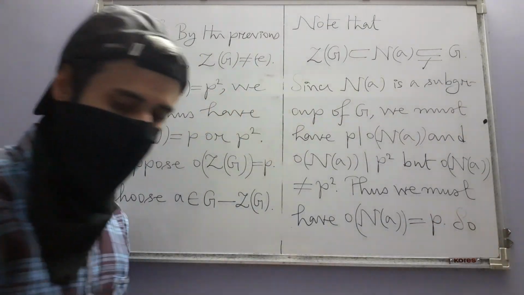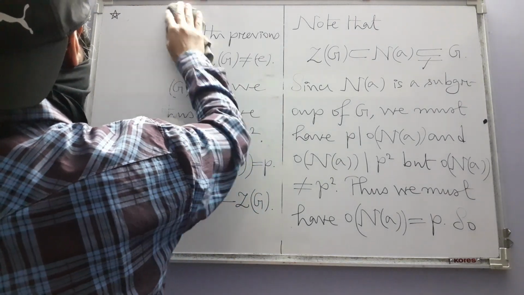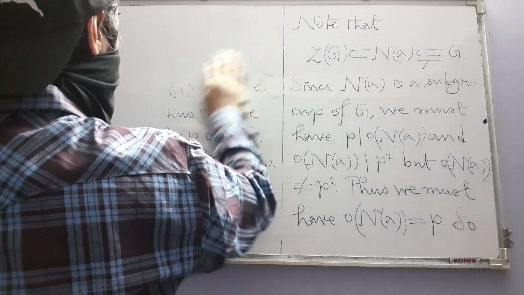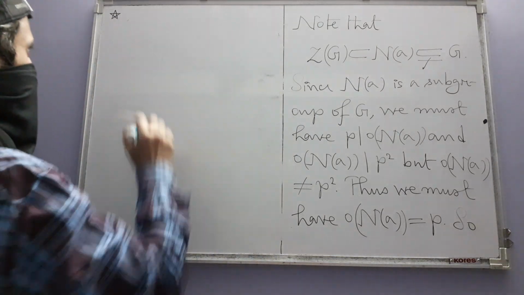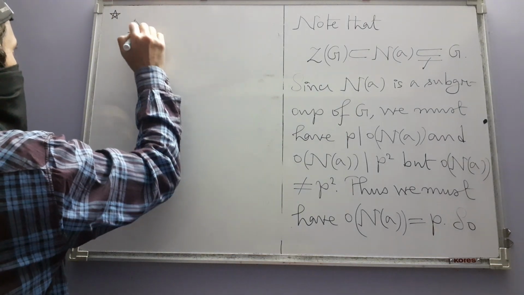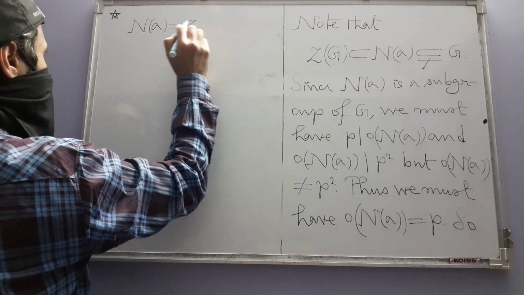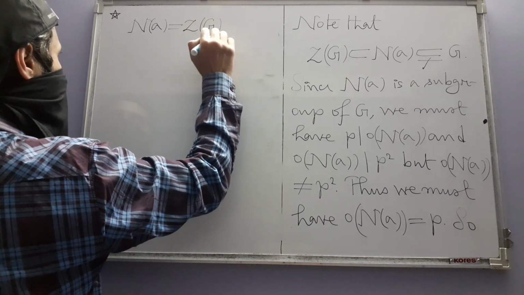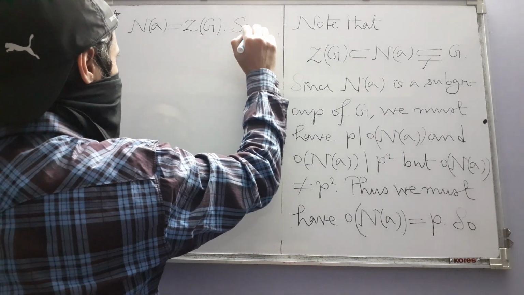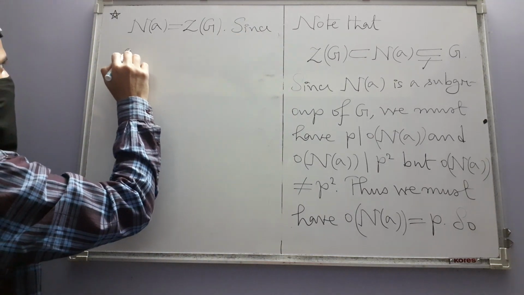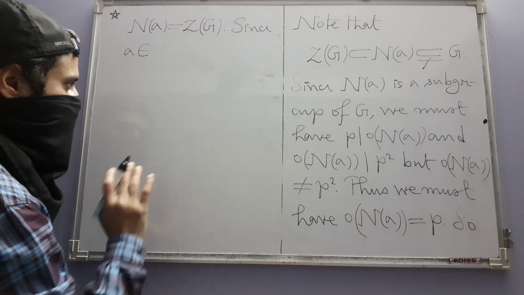So the normalizer is equal to the center, since A commutes with itself, so A belongs to the normalizer of A.